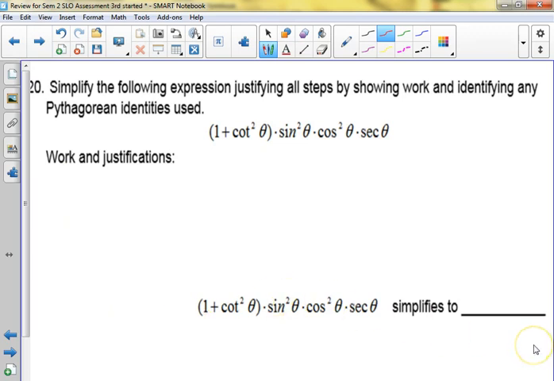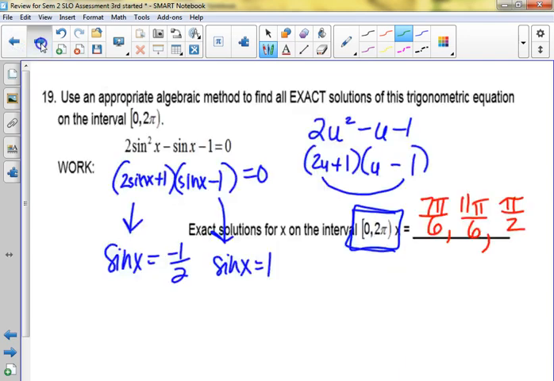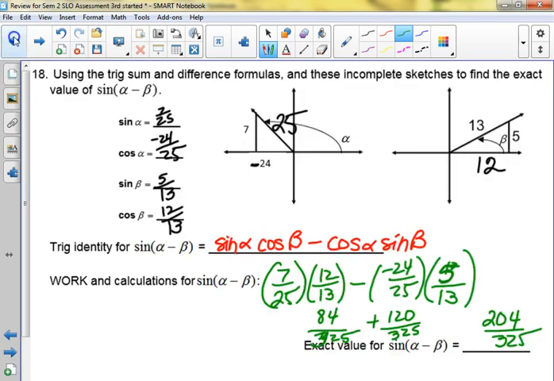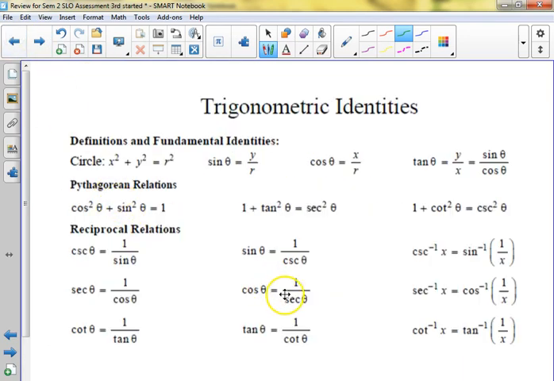All right, we're almost done with the trig concepts. 1 plus cotangent squared. It says, identify any Pythagorean identities. What are the Pythagorean identities? I think they're even labeled that on your unit circle sheet, aren't they? Here, look. Pythagorean relations.